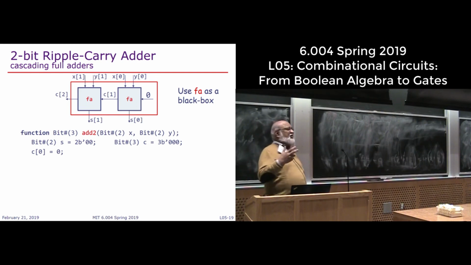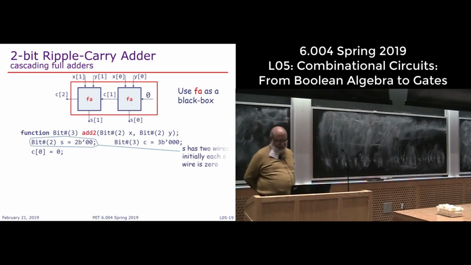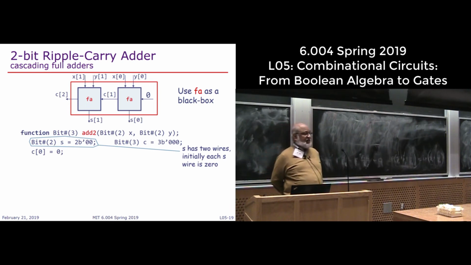This is the Bluespec notation for it. You are specifying the size by, in that constant, writing 2. And then B says it's binary, right? And furthermore, it's saying these bits are 0, 0. So the way to read this is that S has 2 wires. Initially, each S wire is 0.